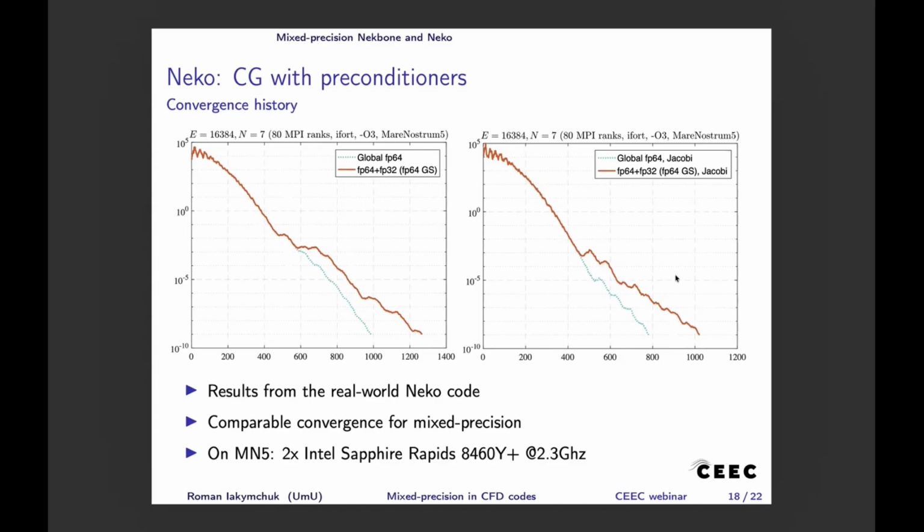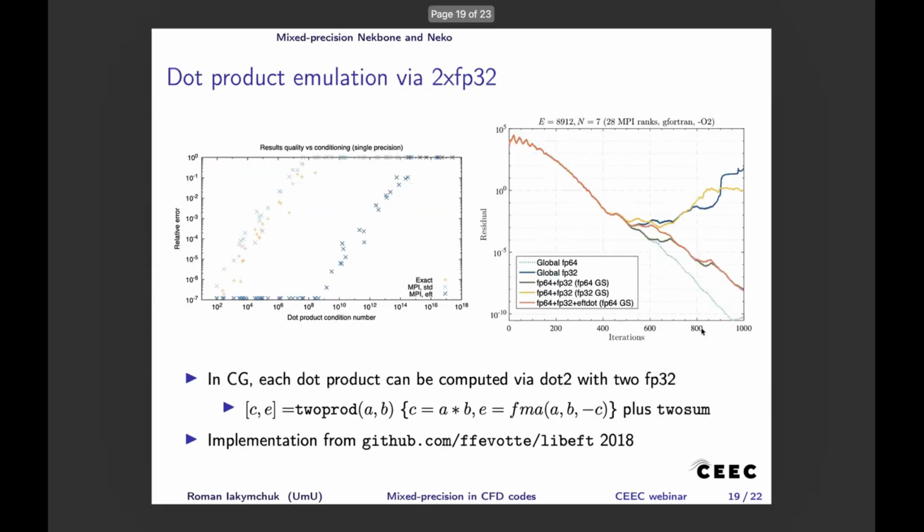Here are two messages that we can draw. We were running until 10 to the power -8, I believe, or -9, and we can see that global double precision is the dotted blue line, while our mixed strategy is the red line. We can see that we require a bit more iterations for non-preconditioned and preconditioned cases, but we were able to reach our converging point.